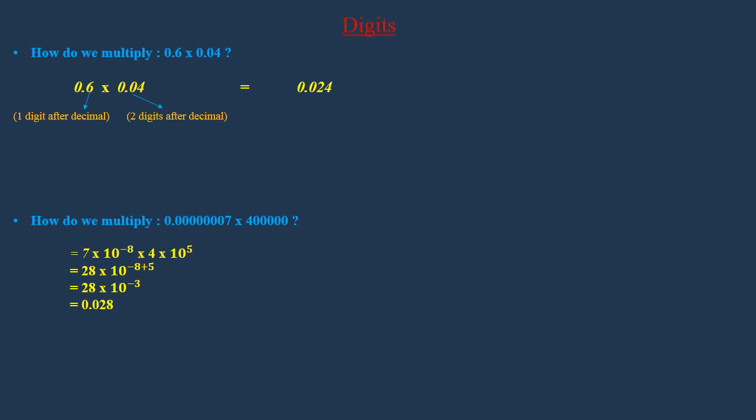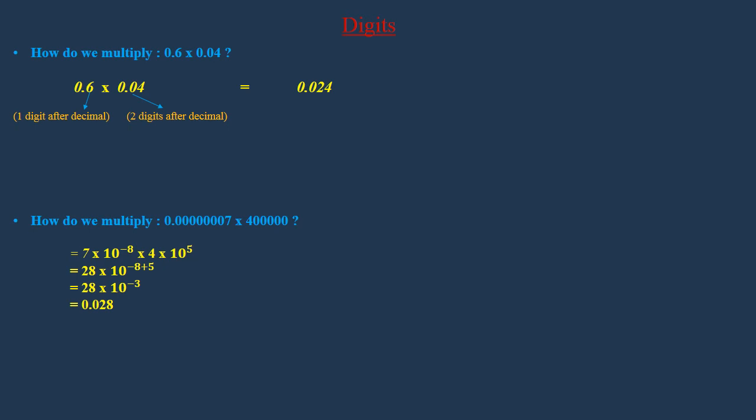That makes a total of 3 decimal digits after the decimal point. We will move the decimal point 3 digits to the left. Now we have 6 into 4 is 24. Moving 3 digits to the left, we get 0.024.